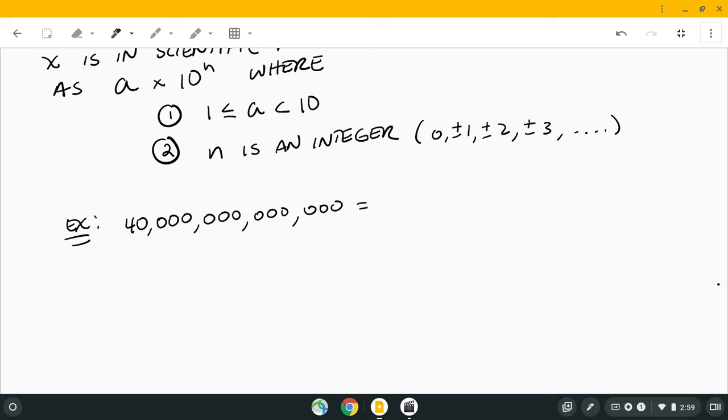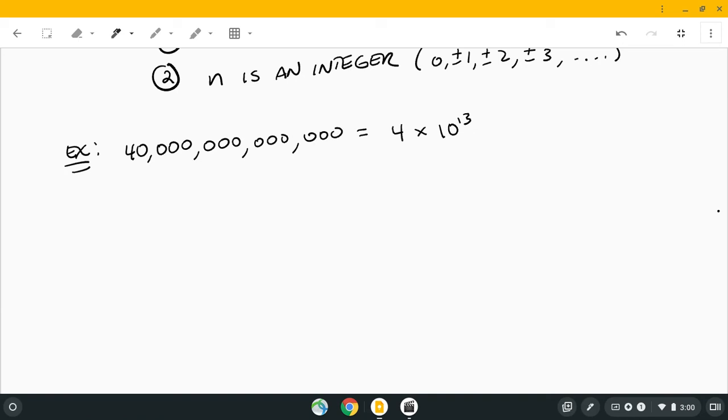And here, if you're writing a paper and this distance keeps popping up in your paper, it can be tiresome to have to write this number over and over again. And so another way to write this is by using scientific notation, which would be 4 times 10 to the 13th power.